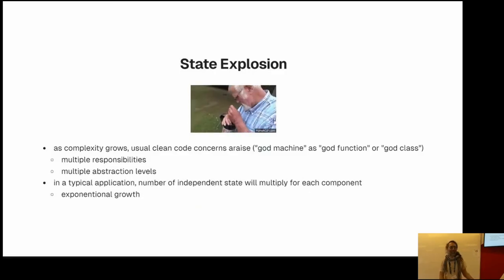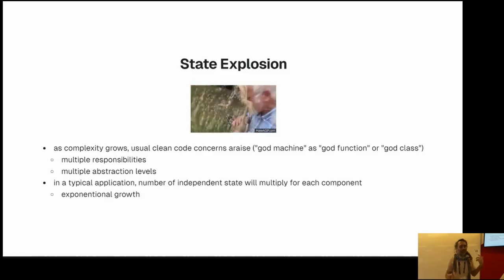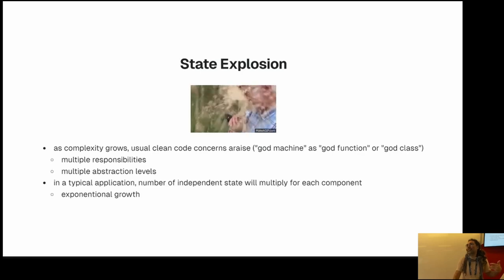State explosion. As the complexity of your state machine grows, you will face the same clean code concern. Instead of having a God class or a God object or a God function, you have a God machine, meaning you're dealing with multiple responsibilities at different abstraction levels in the same machine.